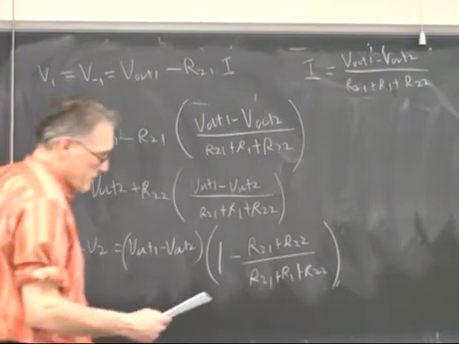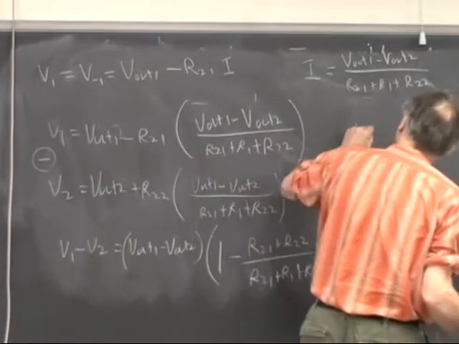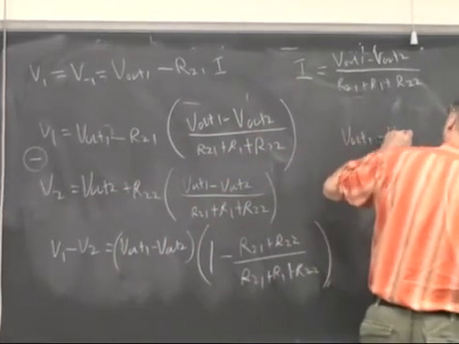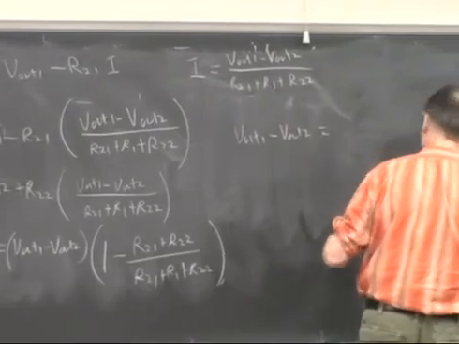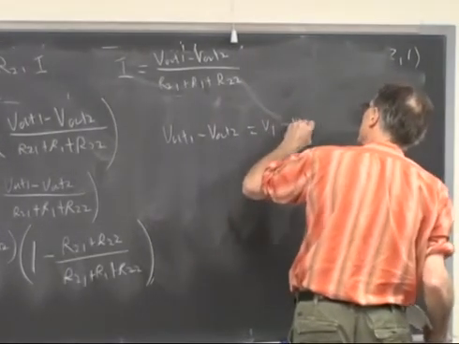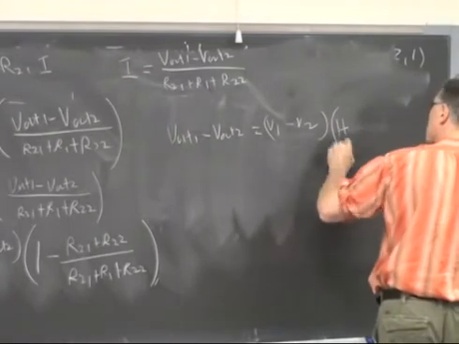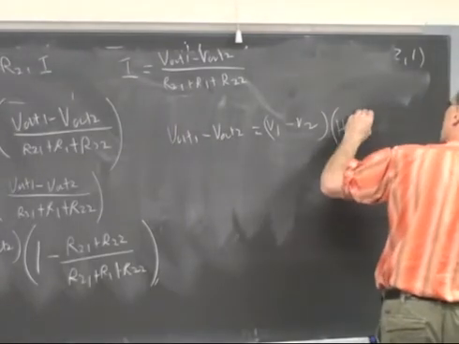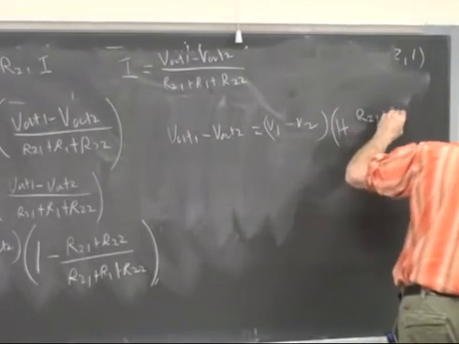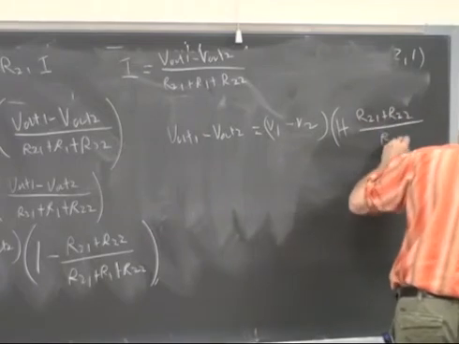And we can mess with this and turn it into Vout1 minus Vout2 is equal to (V1 minus V2) times (1 plus (R21 plus R22) over R1).